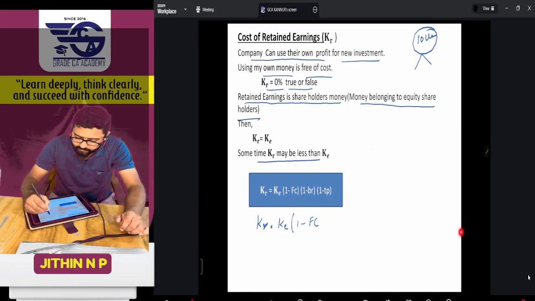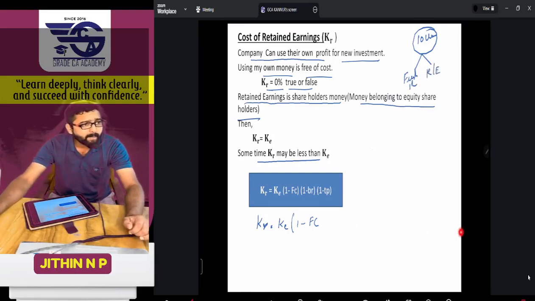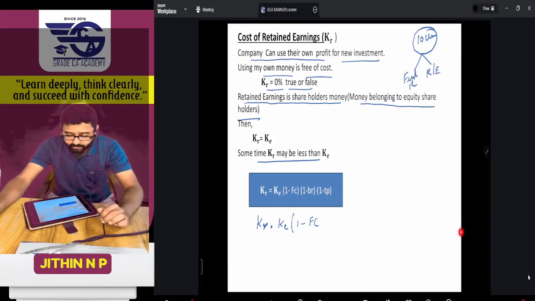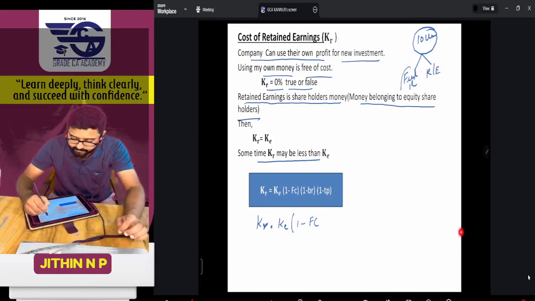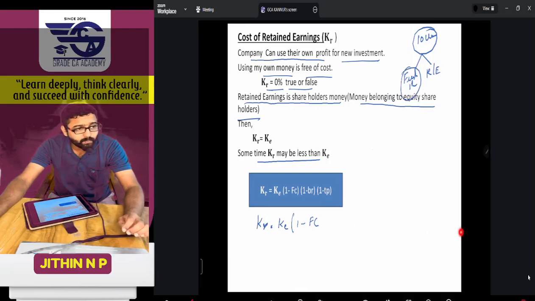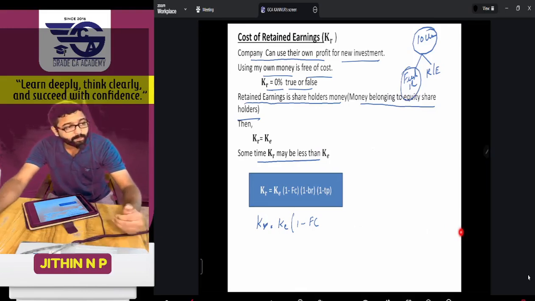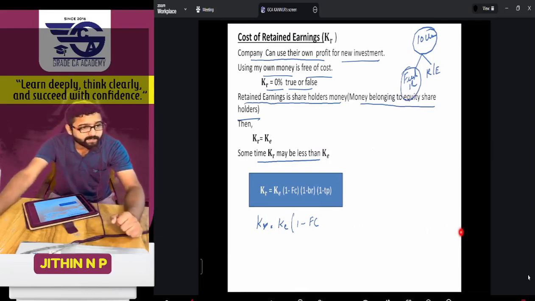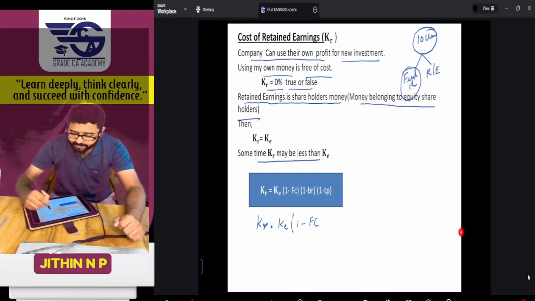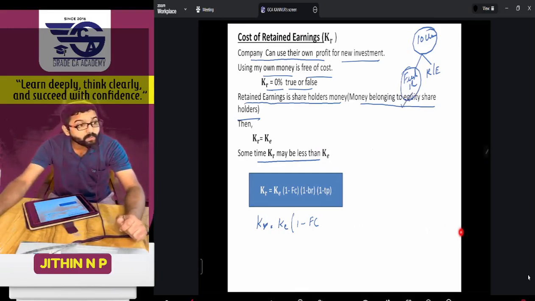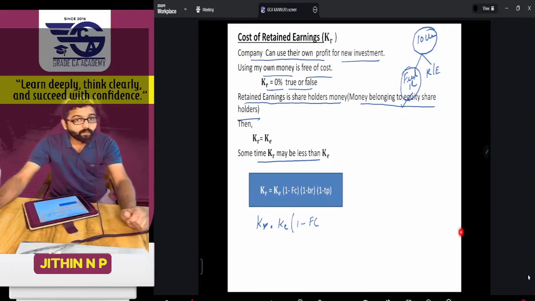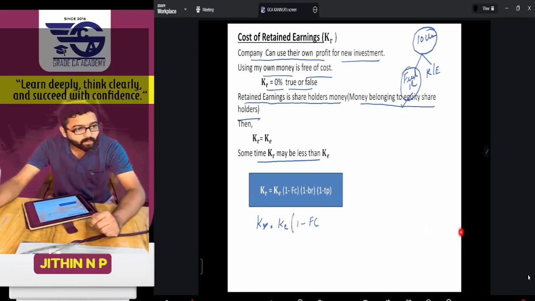Either they can issue fresh shares, new shares, or they can utilize retained earnings. If the company issues fresh shares, the company needs to pay brokerage or some other expenses. That means the company needs to spend cost of issue for a fresh issue.